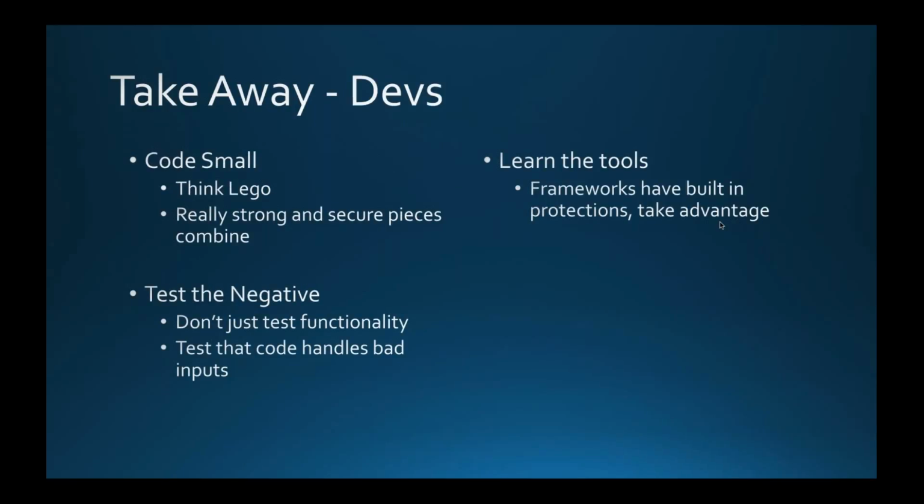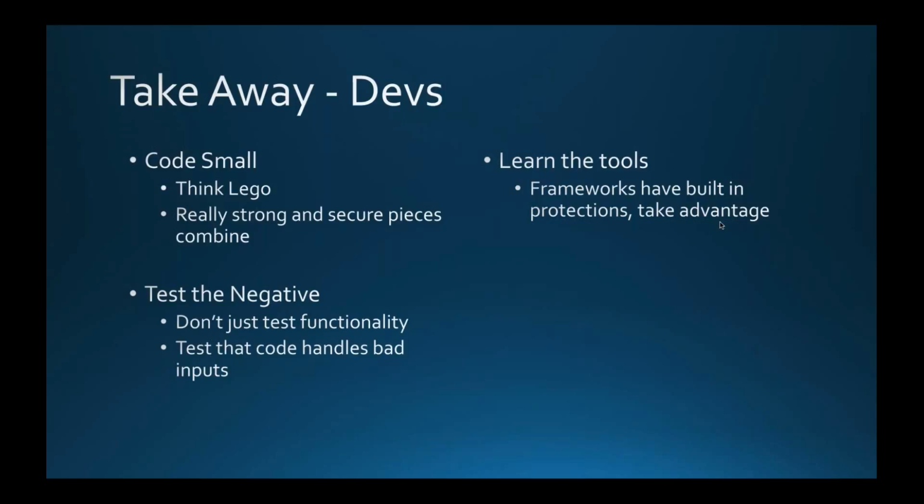So if you're a developer, something I want you to think about: code small, test small, think those little Lego blocks. It's much easier to test and understand what could break in small pieces of functionality rather than these really monolithic pieces of code. Also, test the negative. Don't just think about that happy path.